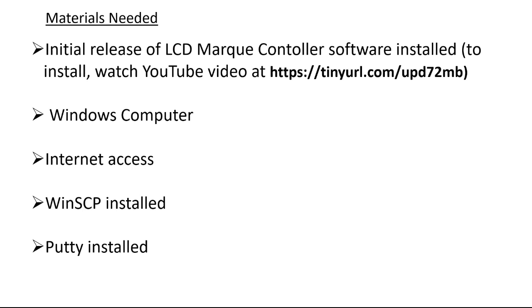Now, more likely, if you're watching this video, you already have installed the LCD Marquee controller software and you want to upgrade. But if you're wanting to go to version 2.0, you'll have to go to that video first to install the initial release, then come back here and upgrade to 2.0. In the future, I plan on making these installs to where it's only one install, so that you can use that install to either upgrade or do an initial install, so you won't have to go back to previous versions to update to the latest version.